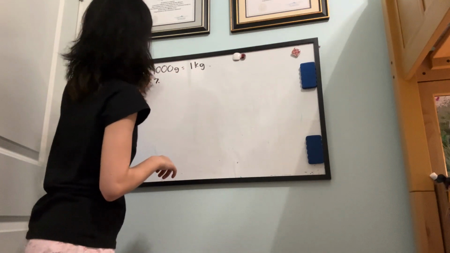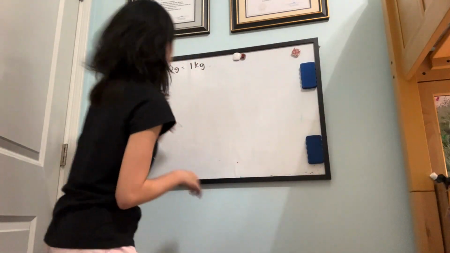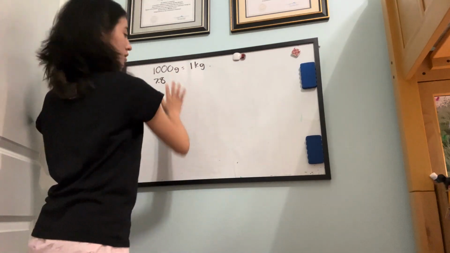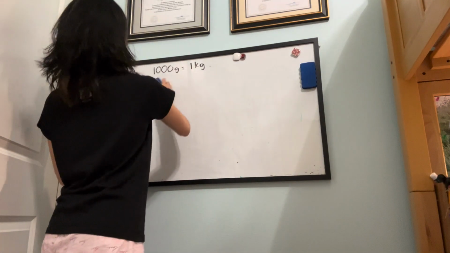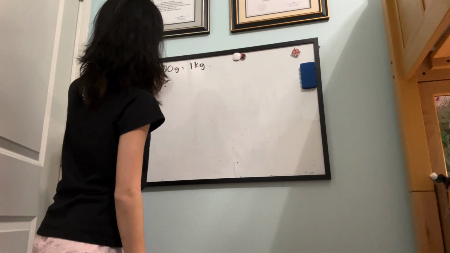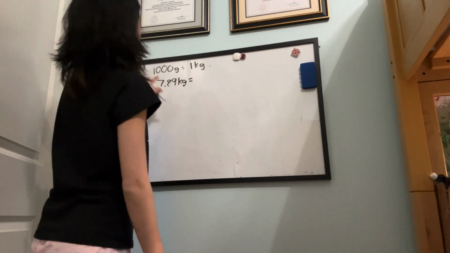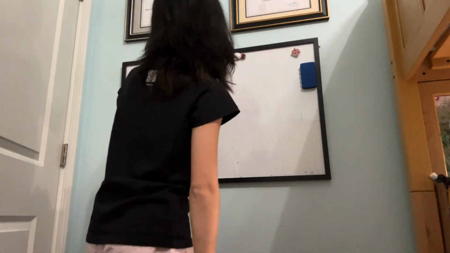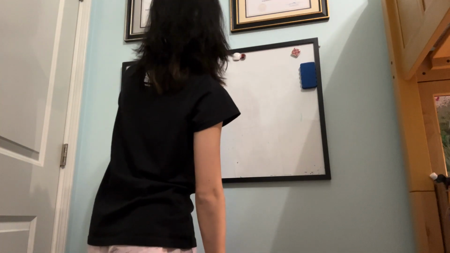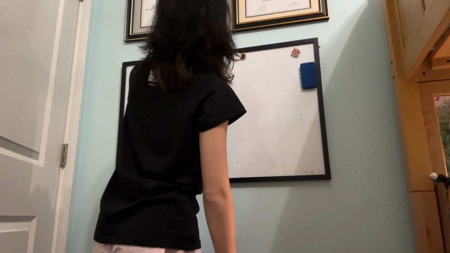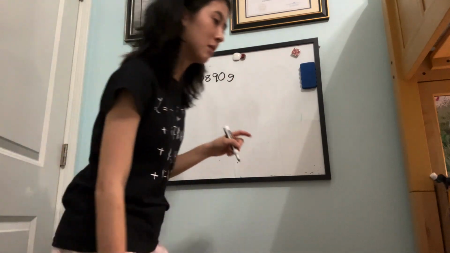So we have 7.89 kilograms equals, move the decimal 3 places, 7,890 grams.